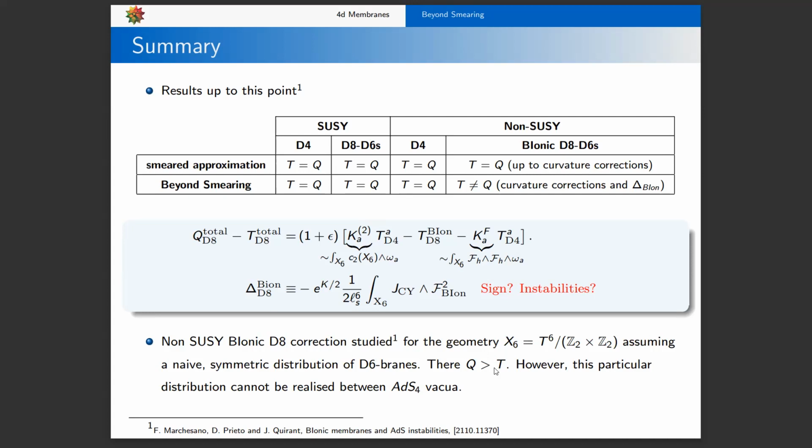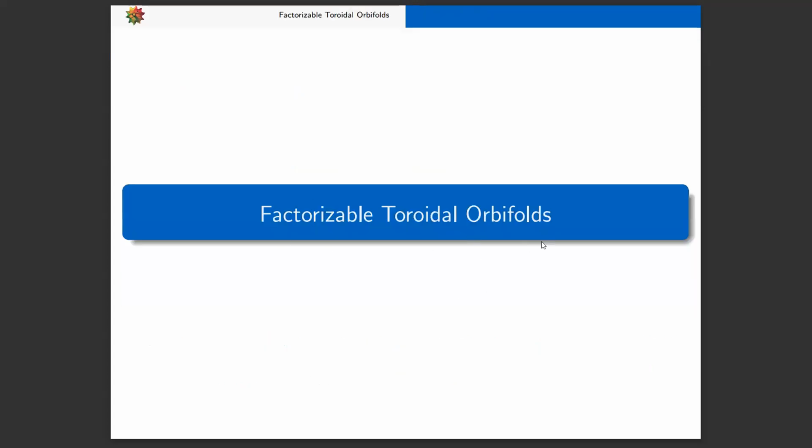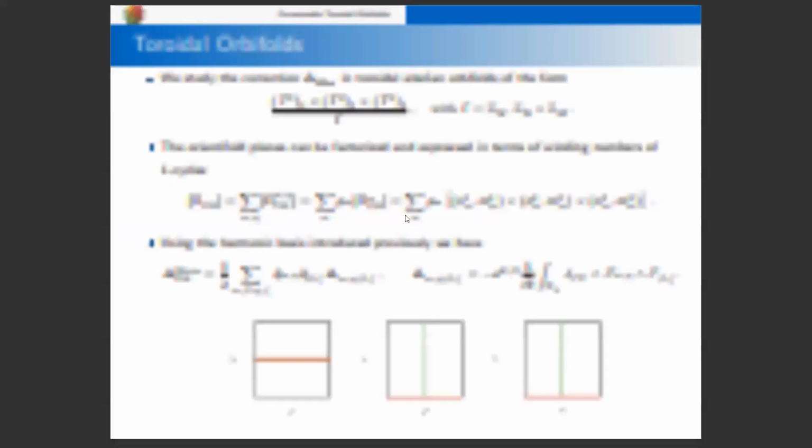The problem is that now that we have looked deeply into these kinds of setups, we have seen that this particular distribution cannot be realized as a transition between AdS vacua. So what we're going to do now is study, in more detail and more methodically, factorizable toroidal orbifolds to see what we can say about the bionic corrections in this case.